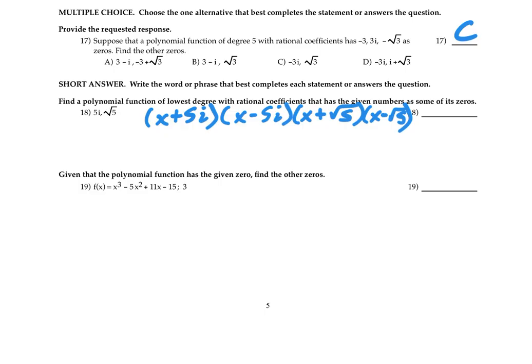So it's going to be a degree of 4. I'm going to multiply all this together. So a little hint here, and I'm going to let you guys do the multiplication, but multiply your i's together, multiply your radicals together, get those two answers, and we'll have to FOIL one more time. So you got to FOIL 3 times on this one.